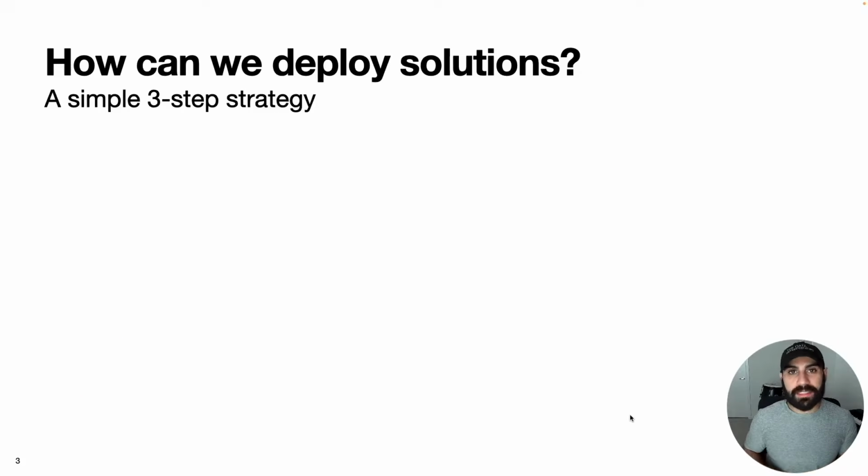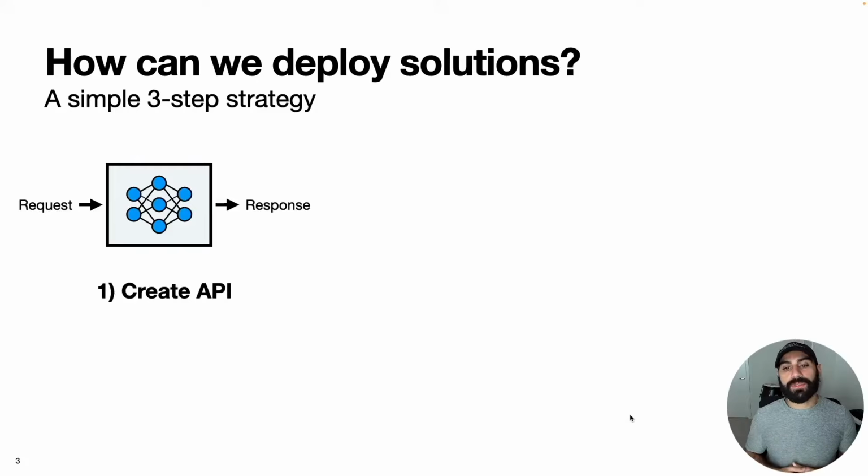The natural question is, how can we deploy these solutions? While there are countless ways to do this, in this video I'm going to talk about a simple three-step strategy for deployment that is popular among data scientists and machine learning engineers. The first step is to create an API. In other words, we create an interface for programs to communicate and interact with our model.